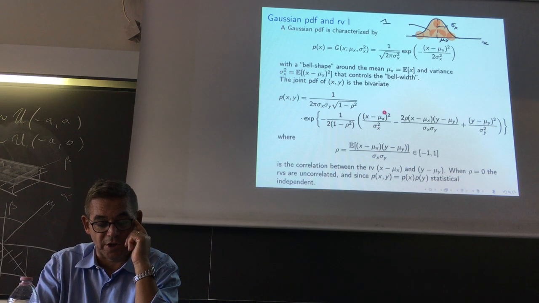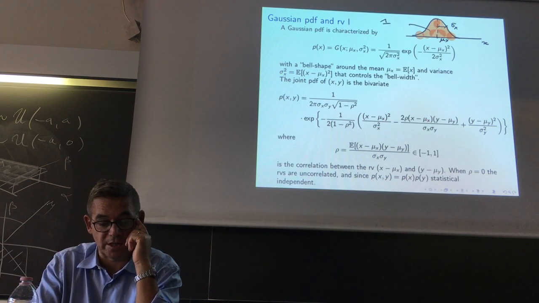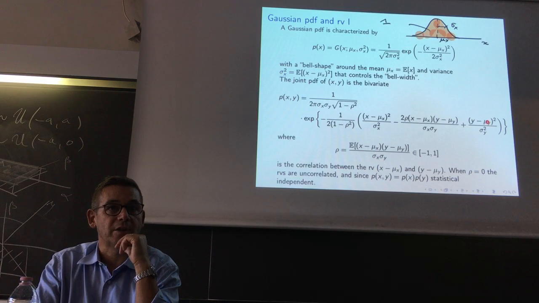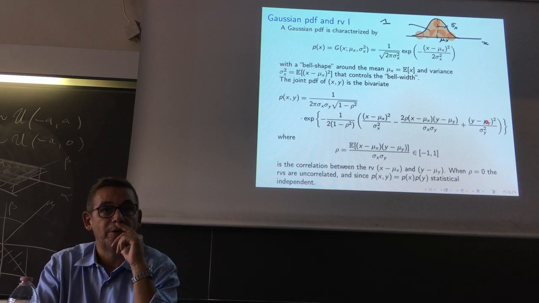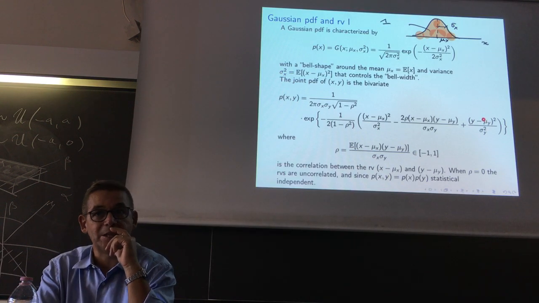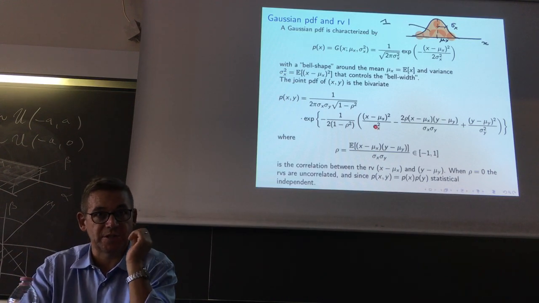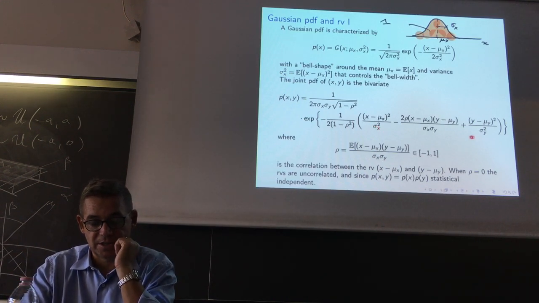And then I have different terms: x minus mu x squared, x minus mu x times y minus mu y, and y minus mu y squared. You might recognize that this is a quadratic form, with sigma x squared, sigma y squared, and then this rho.